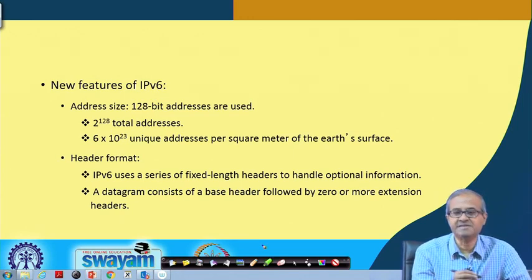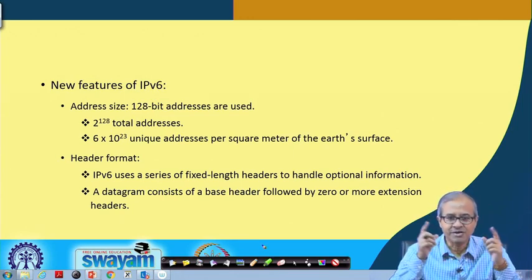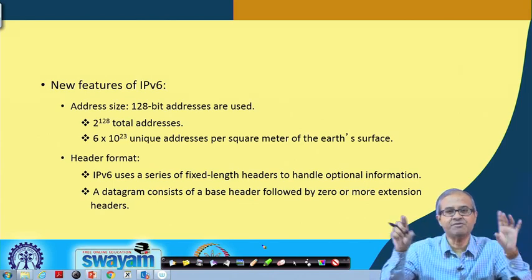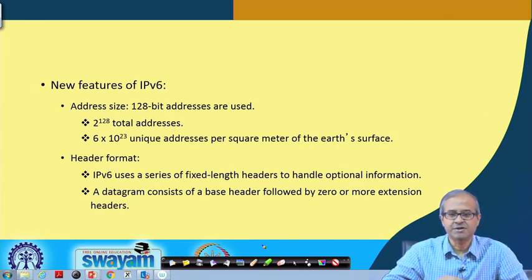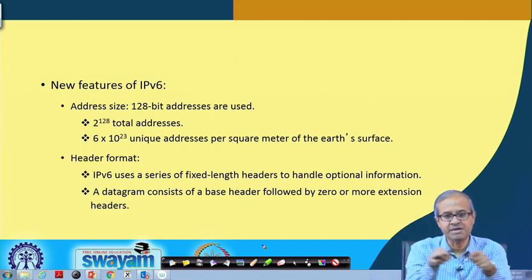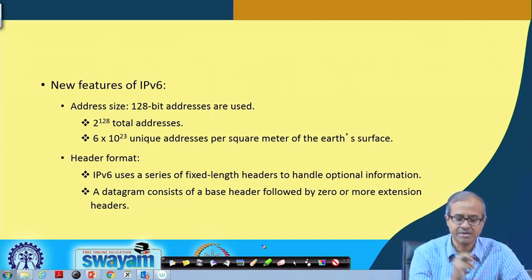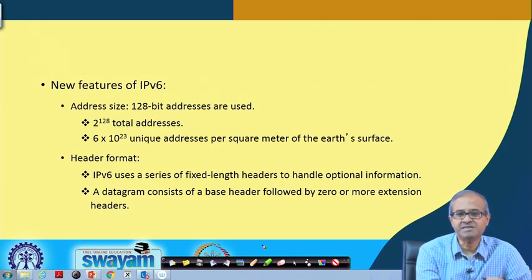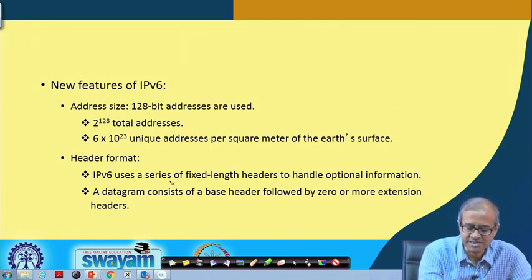And another difference is that in IP version 4 there was a header and the header was fixed. So, whatever packet information the packet carried, it used to be put in the same header. But in IP version 6, it uses a series of fixed length headers.